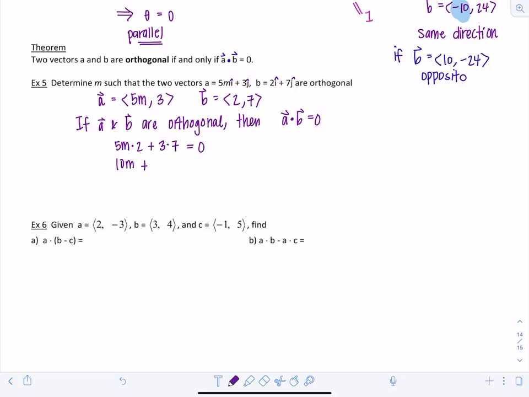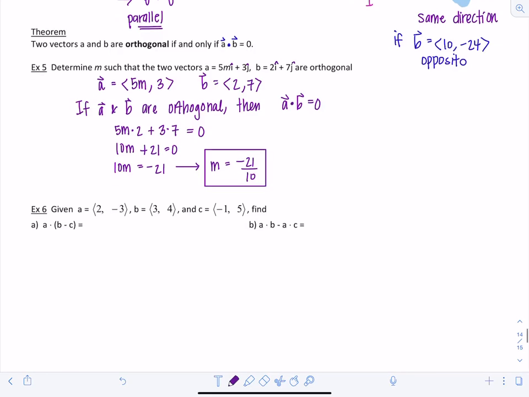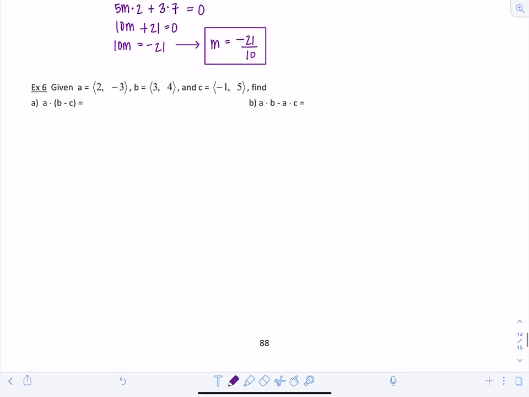So 10m plus 21 is 0, which would mean 10m equals negative 21. So m should be negative 21 over 10. Okay, so that's just applying the idea that if two vectors are orthogonal, their dot product is going to be 0.